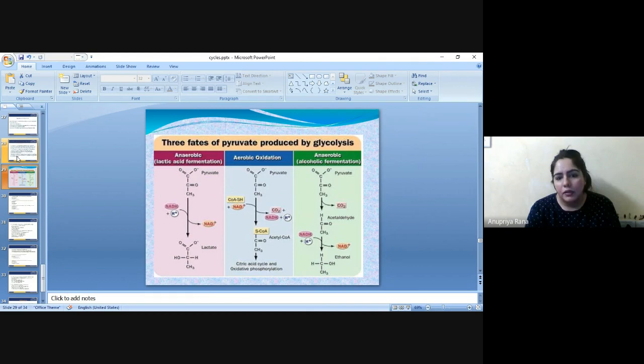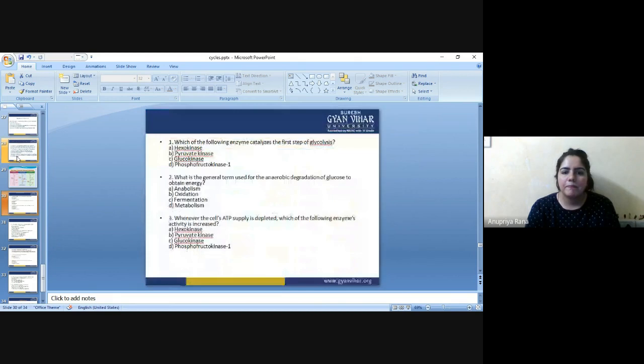In aerobic conditions, it can enter the citric acid cycle, and in anaerobic conditions, it can also do alcohol fermentation. These are the very useful things done by pyruvate.